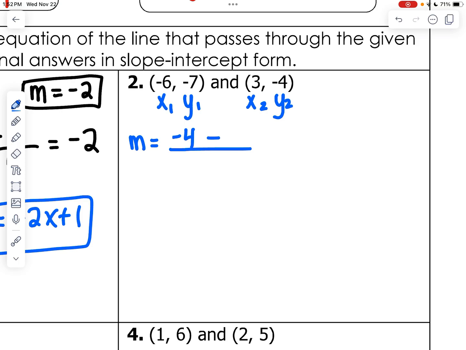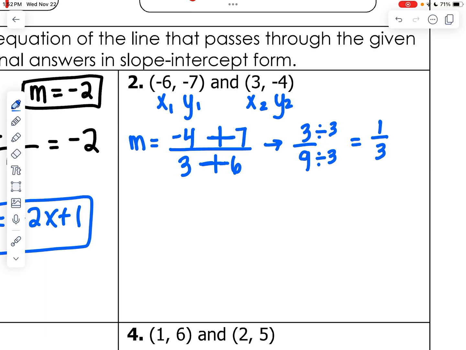So minus -7 over x2, which is 3, minus x1 is -6. So it's minus -6. So this is a plus, this is a plus. So that's going to be 3 over 9, and we can simplify by dividing by 3. So it's 1/3. So my slope is 1/3.